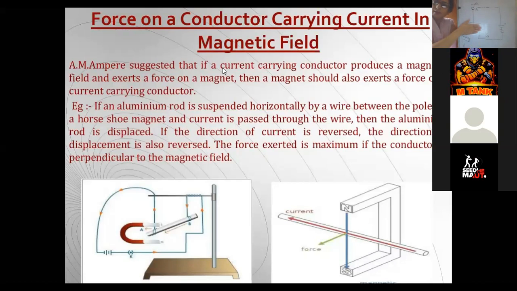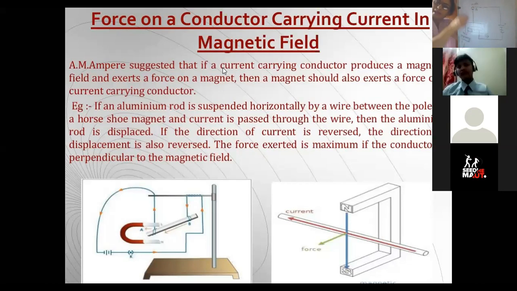So it will move back to its original position, that is, the place where it was already there. Now, once this circuit is re-established, once again it will experience the force, and because of that force, it will come in motion, right?